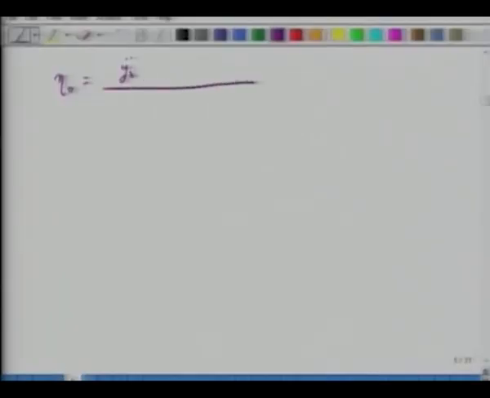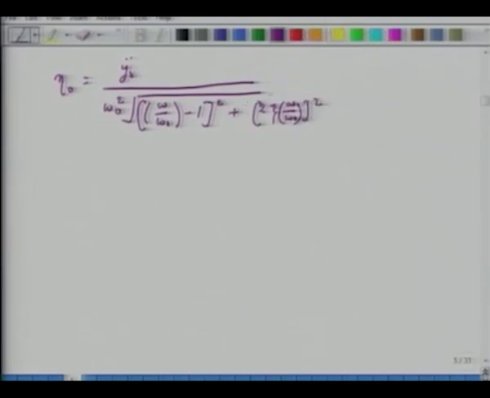Eta naught equals y naught double dot, and I'll define what that term means, divided by omega square, over the square root of the entire thing squared plus 2 eta omega over omega naught, and this entire thing is also squared.